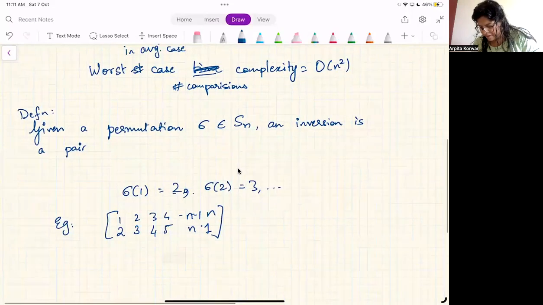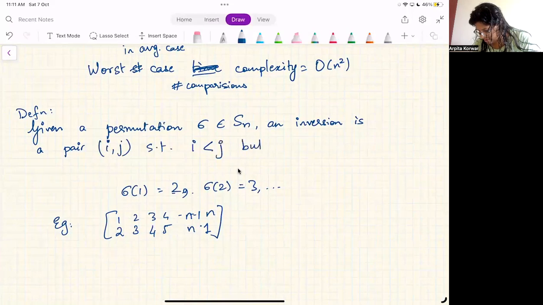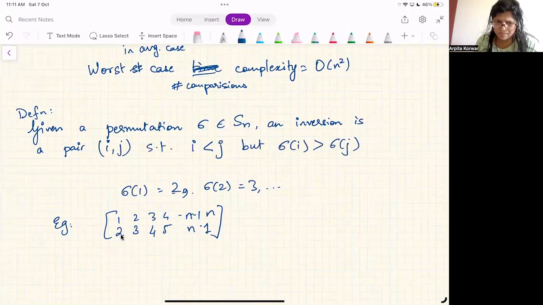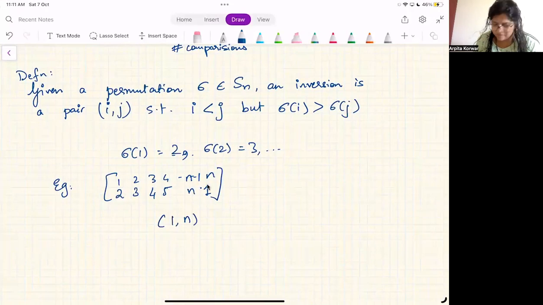An inversion is a pair ij such that i less than j, but sigma i greater than sigma j. So how many inversions do we have here? 1 and n is an example. 1 less than n, but sigma 1 greater than sigma n.